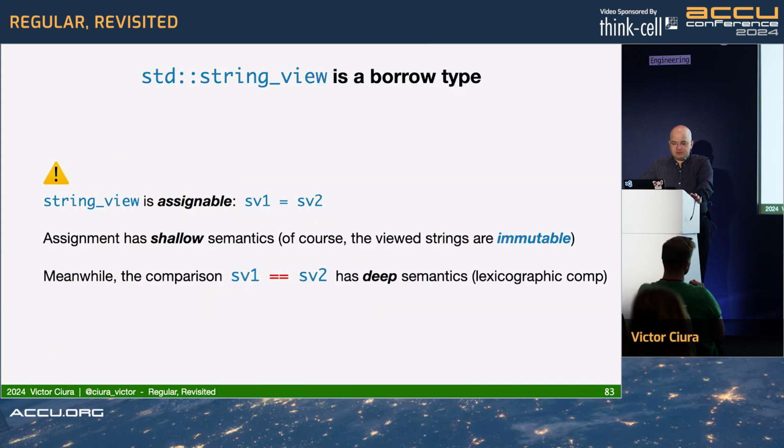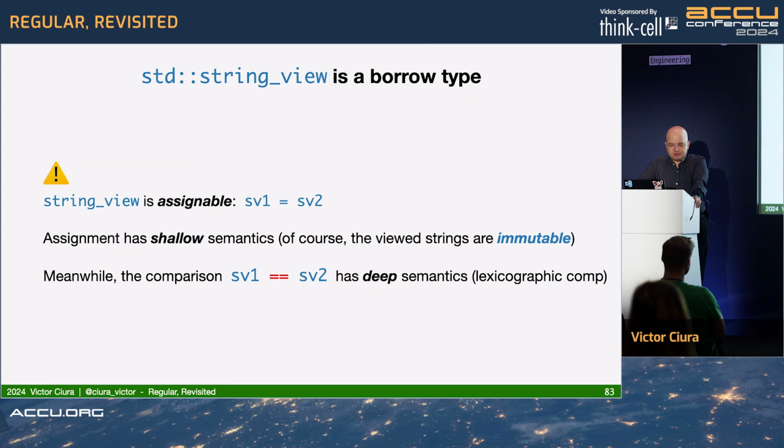Again, what's the interesting bit? The interesting bit is related to equality and assignment and what it means to assign something and compare something. So string view is assignable. I don't know how many people actually do this, but it is assignable. But the assignment has shallow semantics, because the underlying strings are viewed as immutable. String view refers to something that's an immutable string or buffer underneath, right?